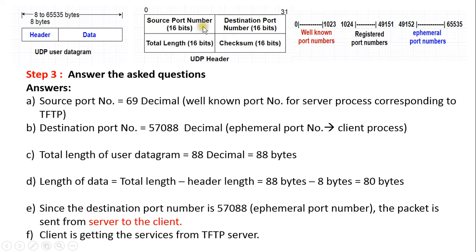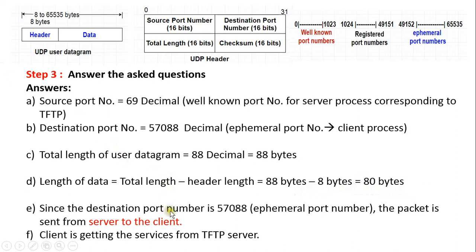There are 4 fields in UDP header, each having 16 bits, that is 2 bytes, and there are 4 fields of 2 bytes each. So total length of the UDP header is 8 bytes, which is fixed always. And the user datagram length is given to us as 88 bytes, and therefore the length of the data will be equal to this total length of 88 bytes minus length of the header, which is 8 bytes. So 88 minus 8 is equal to 80 bytes.